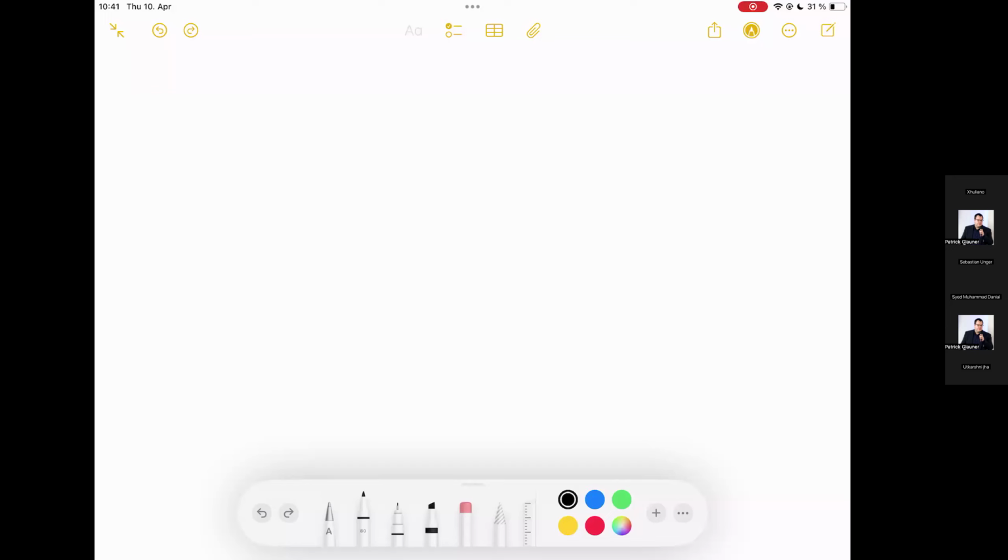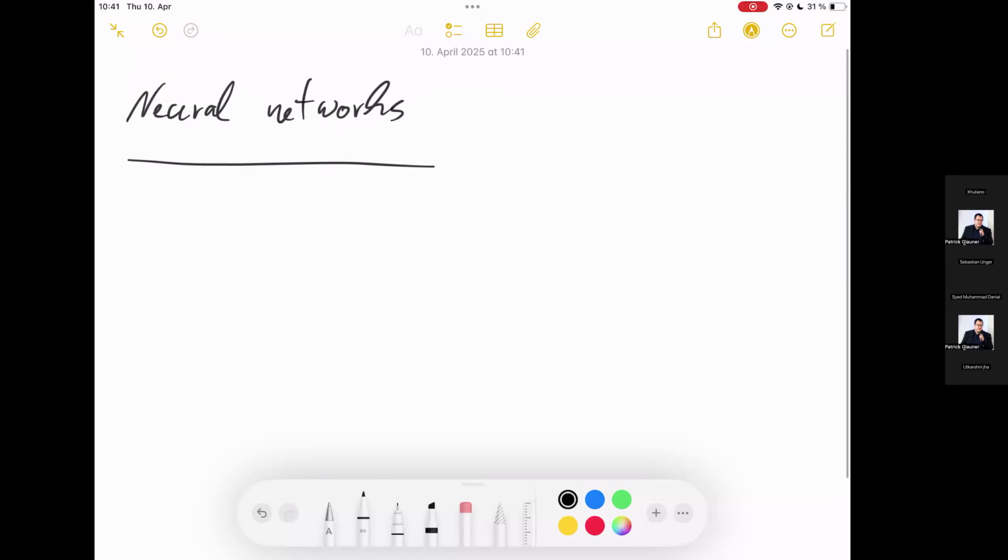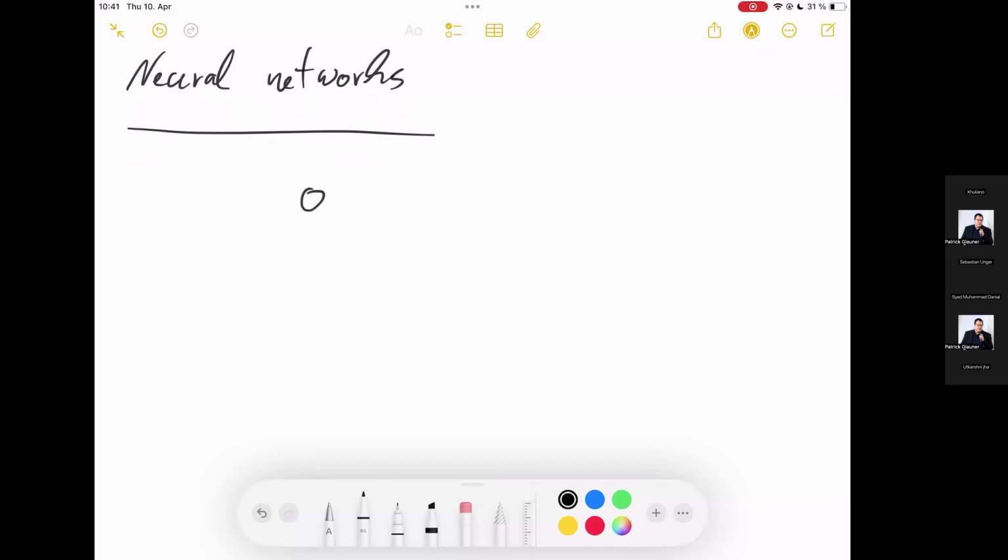When we have our neural network, and in the slides you will see this with maybe a slightly more advanced notation, but we are starting this now just with the simplest possible notation. And we see we have our neural network. We have our input units.